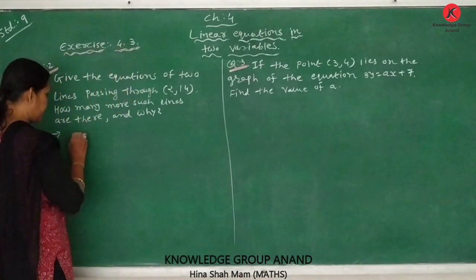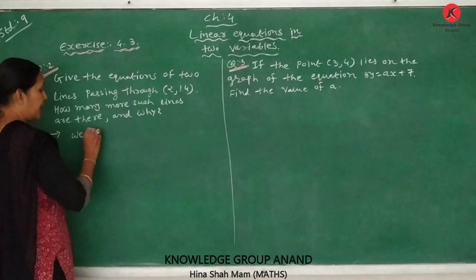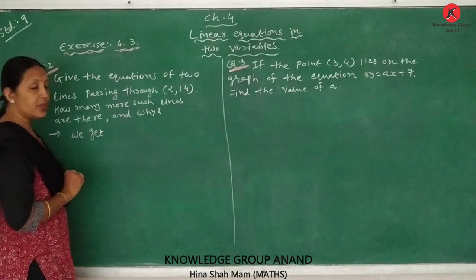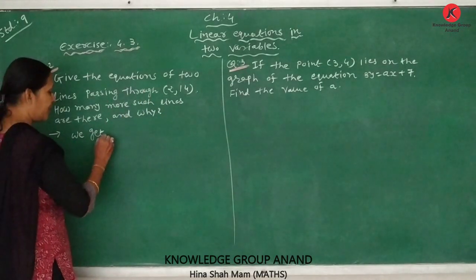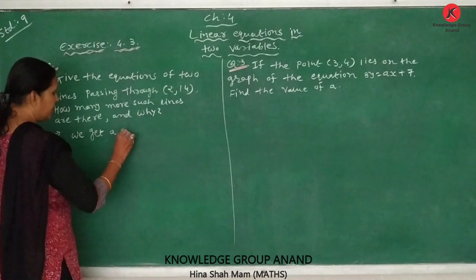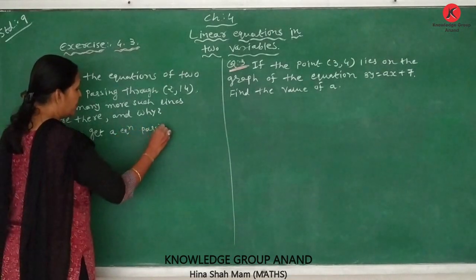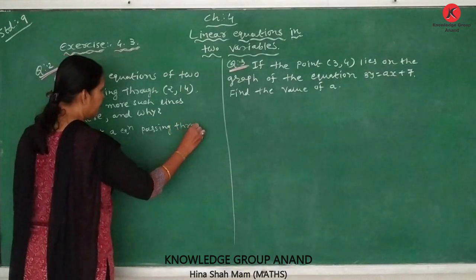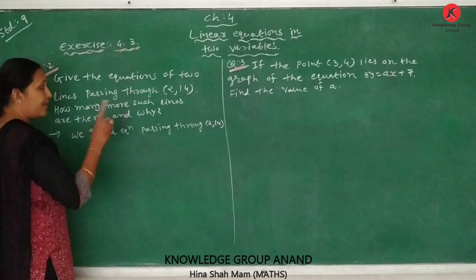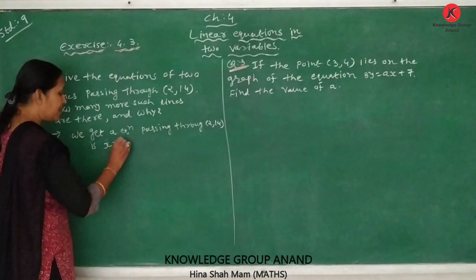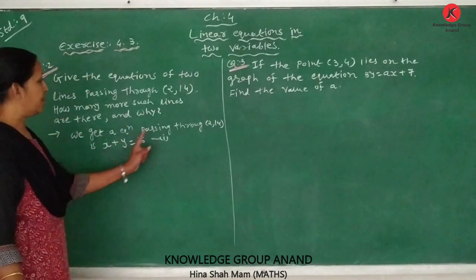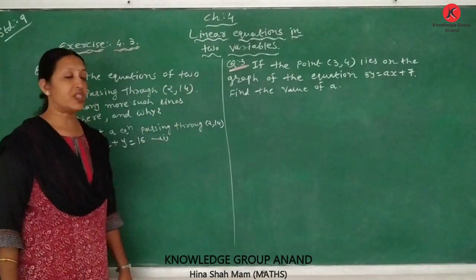Therefore we get the first equation, x plus y is equal to 16, passing through (2, 14). Here I write first: 2 plus 14 is equal to 16.